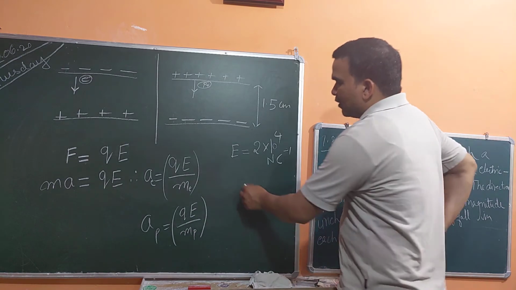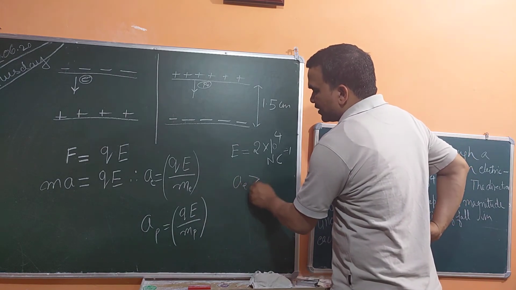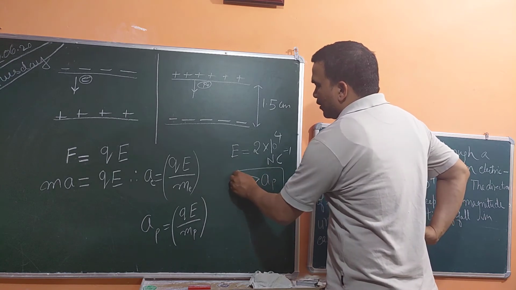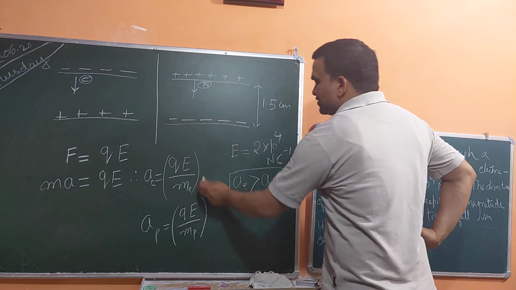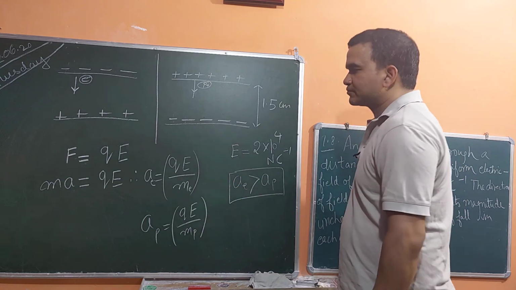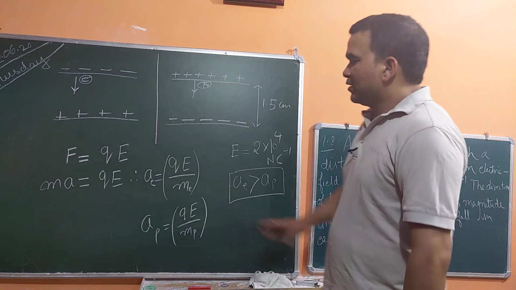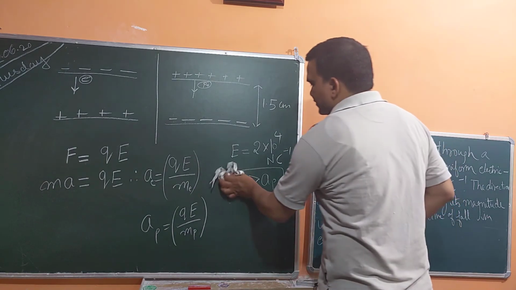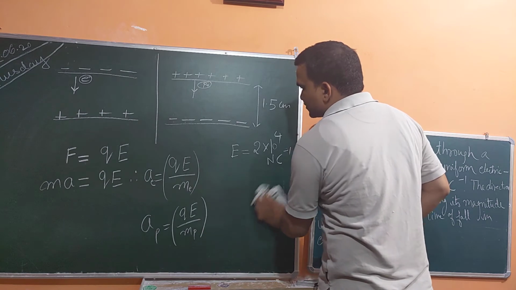Hence, acceleration of electron would be greater than acceleration of proton because its mass is lesser than the proton. Anyways, we need to calculate these two details.